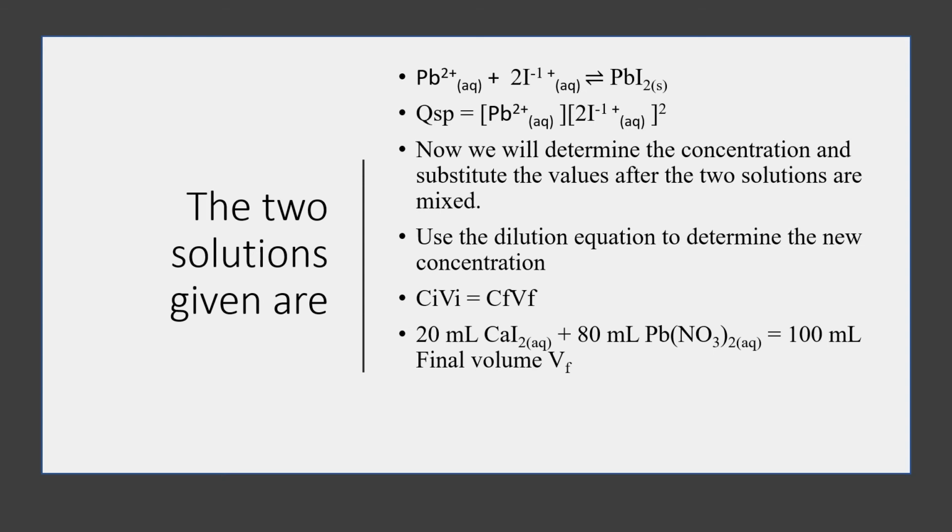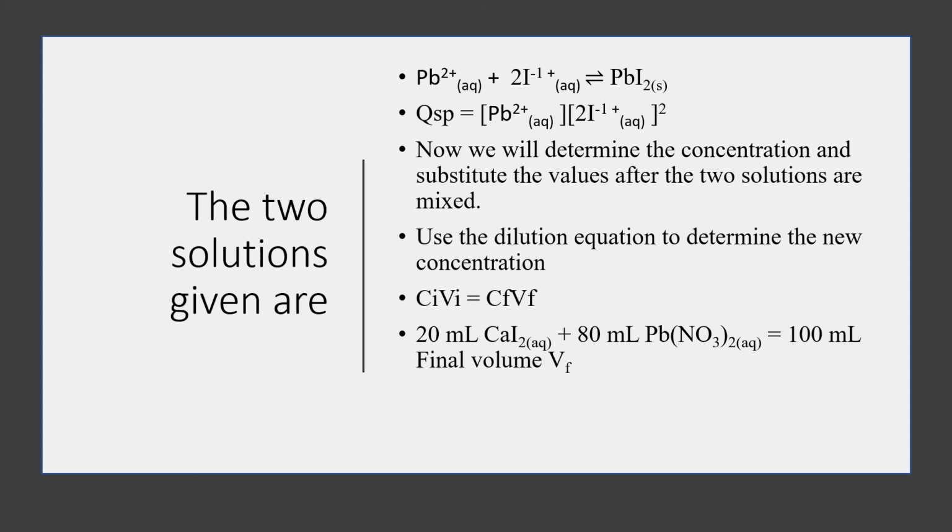When I mix 20 mL of a solution with 80 mL, the total volume of the solution becomes 100 mL, which means the reagent that I have taken in 20 mL is going to be diluted. The equation for finding the concentration of a new solution is CiVi = CfVf. Ci is the initial concentration, Vi is the initial volume, Cf is the final concentration, and Vf is the final volume.